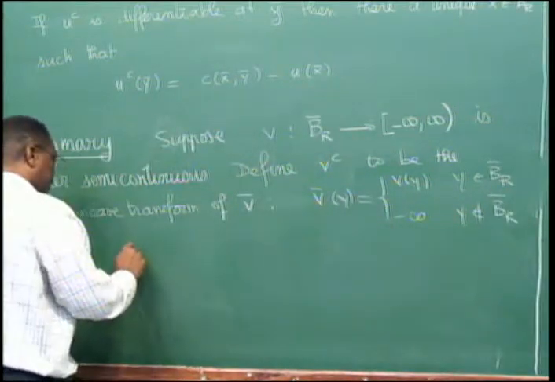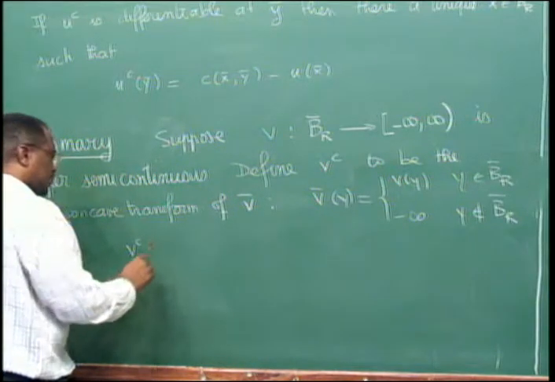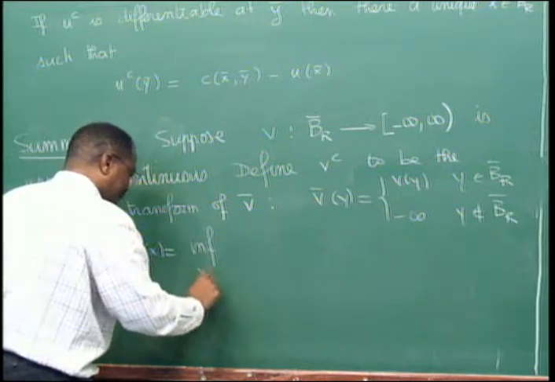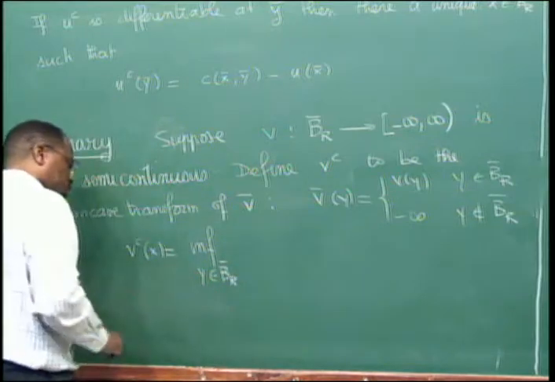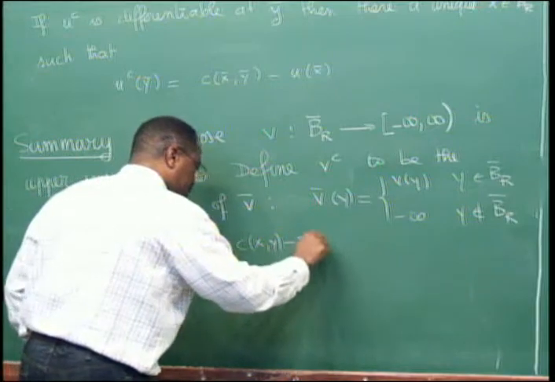So in other words, VC of x is the infimum over y in the closed ball of radius R of C of x, y minus V of y.